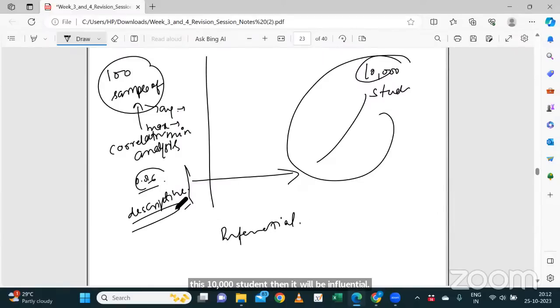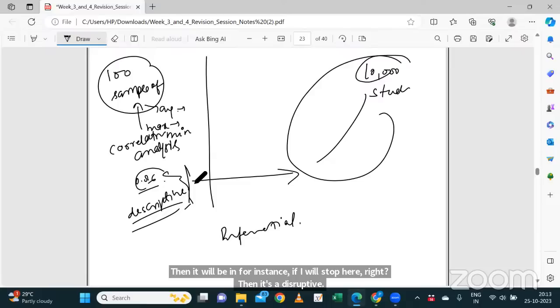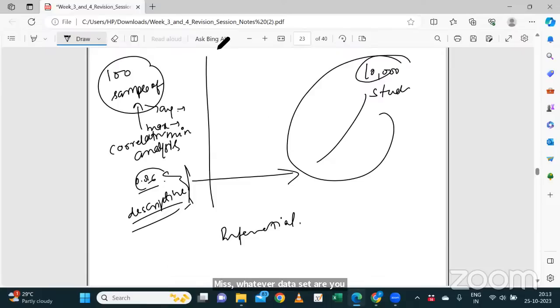If, based on that summarization, you are making a conclusion about your population, then it will be inferential. If I stop here, it's descriptive. Whatever data set I have, I just summarized it and stopped.